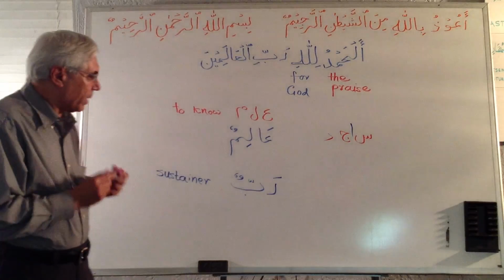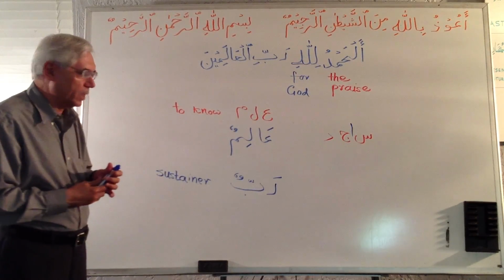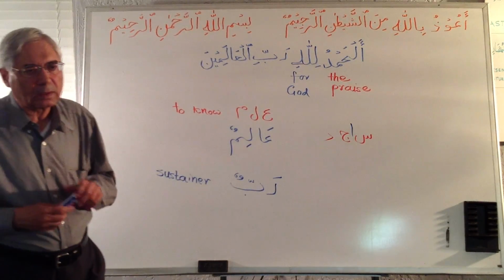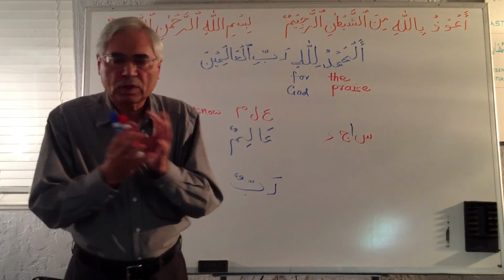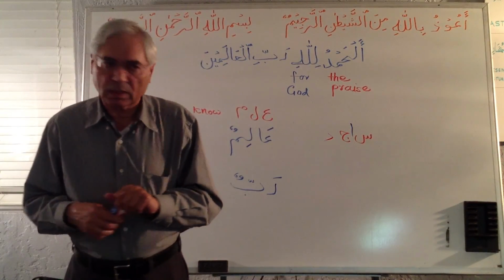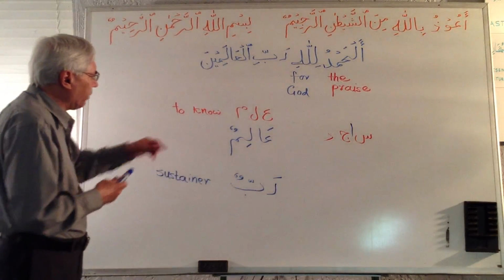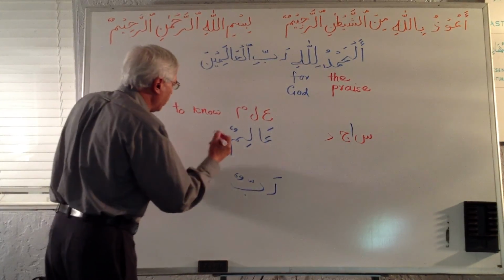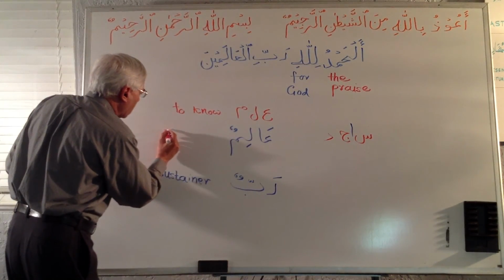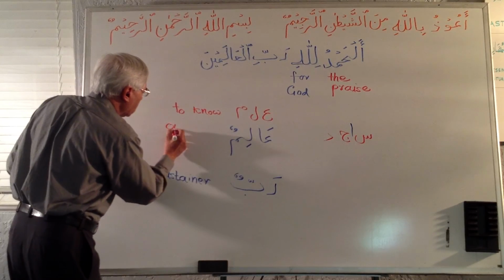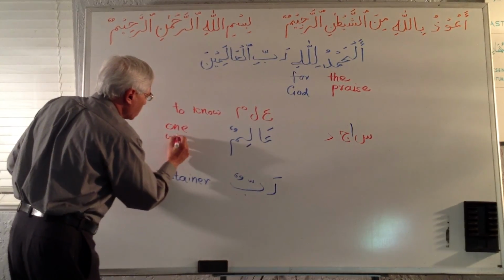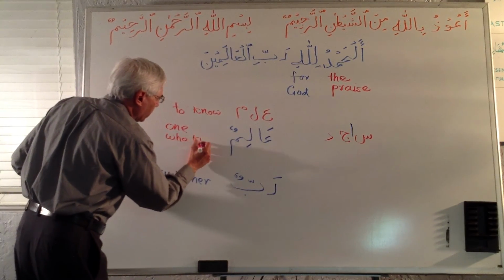But there is one other thing that also happens because in Arabic, three root letters may have multiple meanings. So alimun means scholar or knowledgeable person, one who knows is alim.